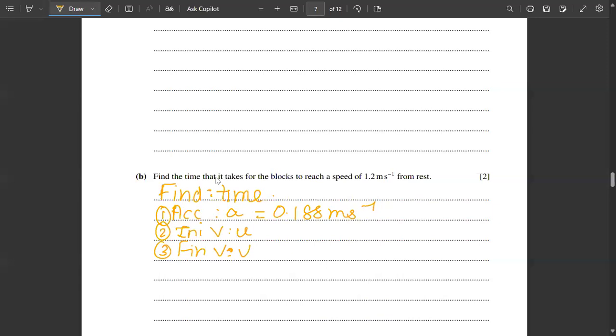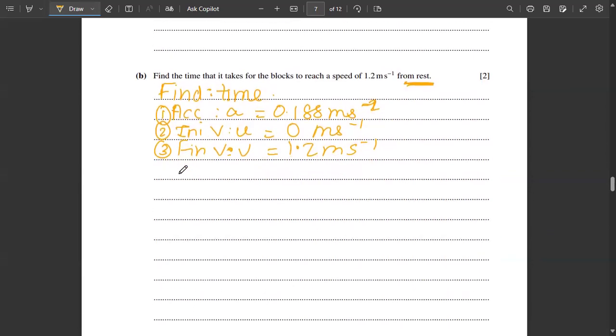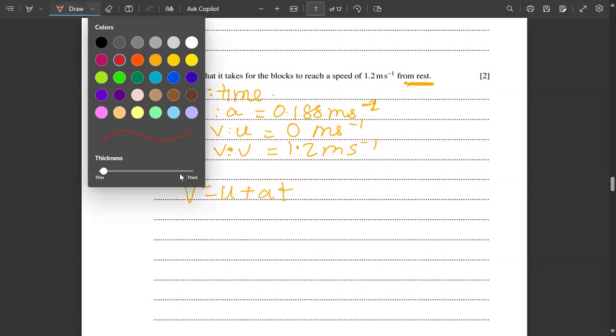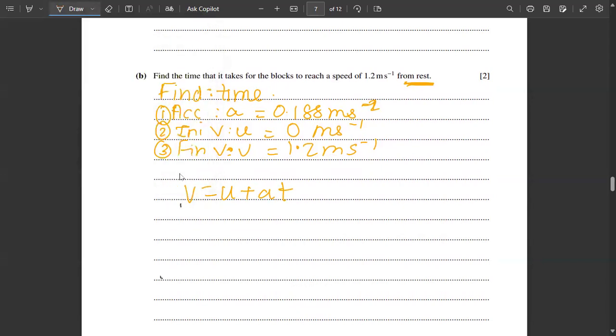What is the initial velocity? Initial velocity is 0 because they have asked from rest. 0 meter per second. What is the final velocity? 1.2 meter per second. And the question is to find time. So you can simply use v equals u plus at. And what will v be? v will be 1.2, u will be 0, a will be 0.188, t in the bracket.